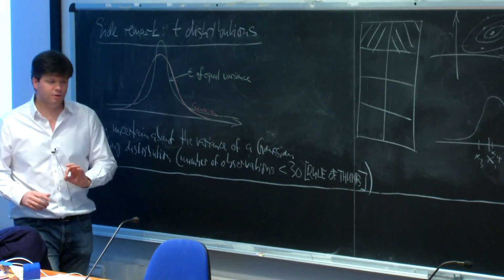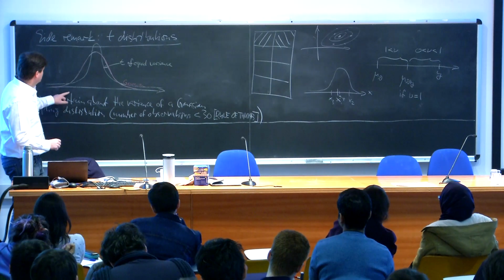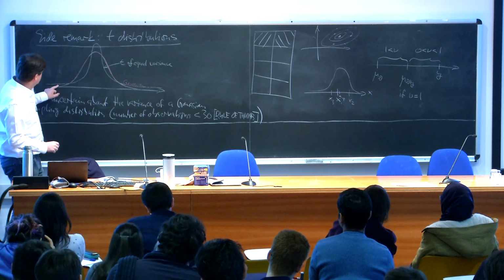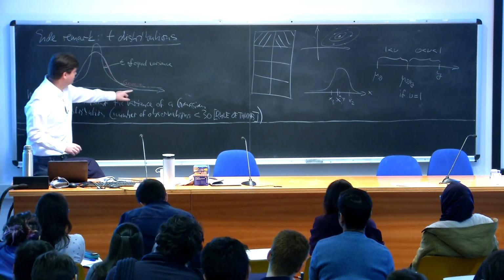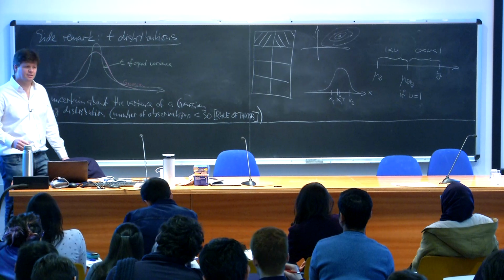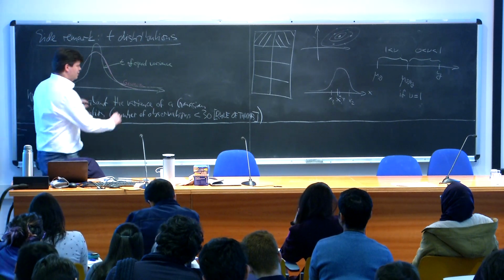Another remark on t-distributions. These higher tails than the Gaussian are called fat tails.